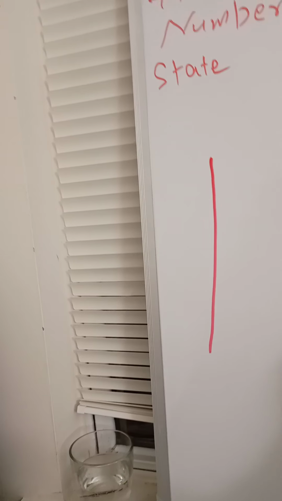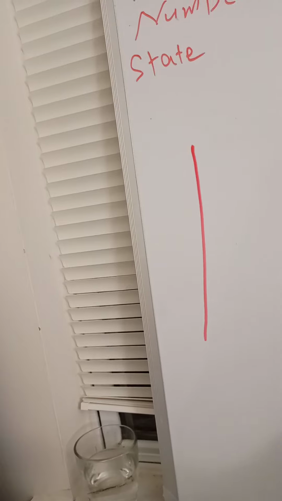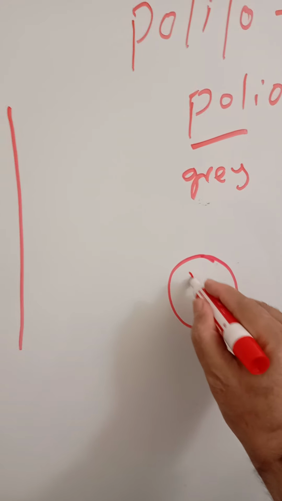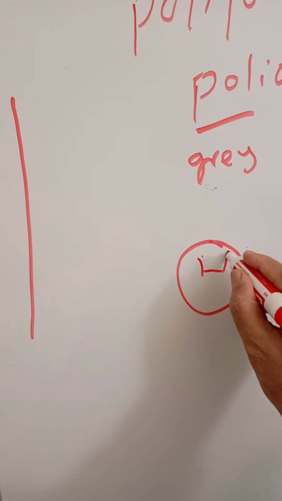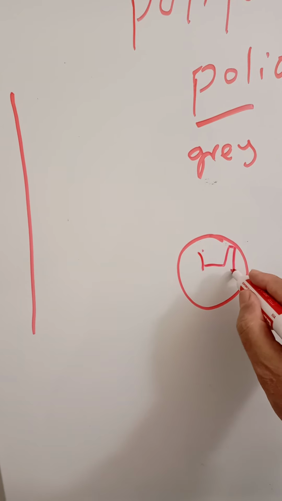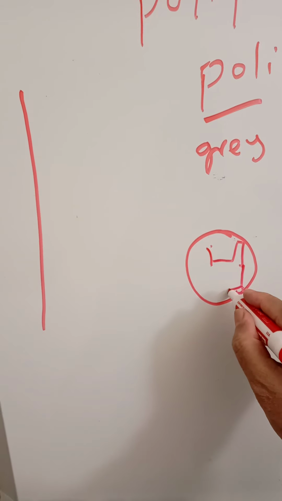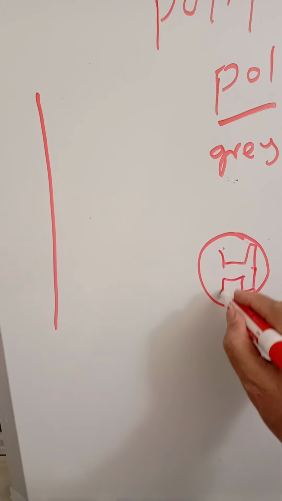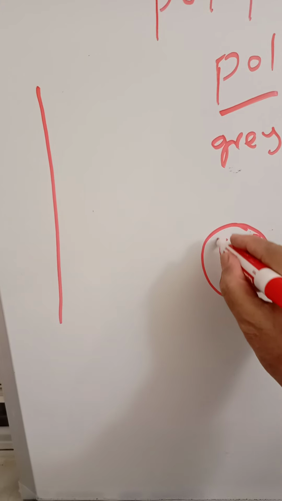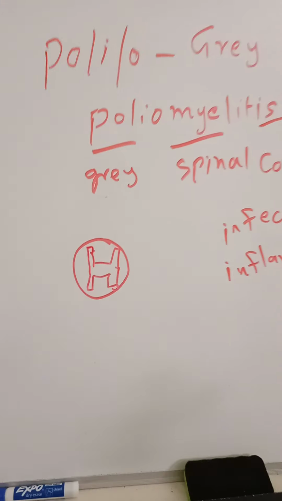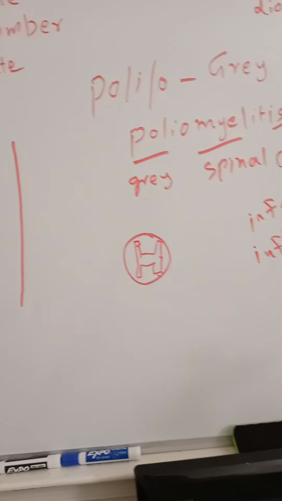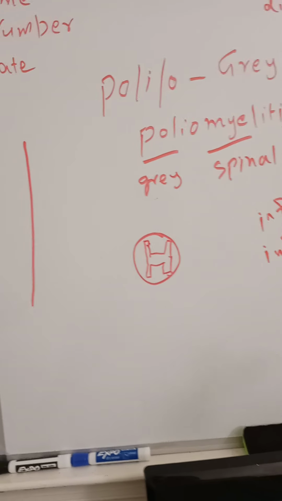The spinal cord is a longitudinal structure and white, but if you take a cut section of it, from inside, it is like this. There is an H-shaped structure in the center, and that is gray in color.